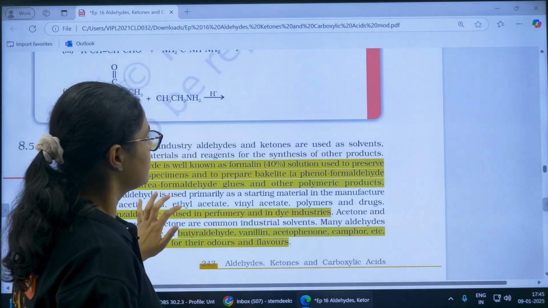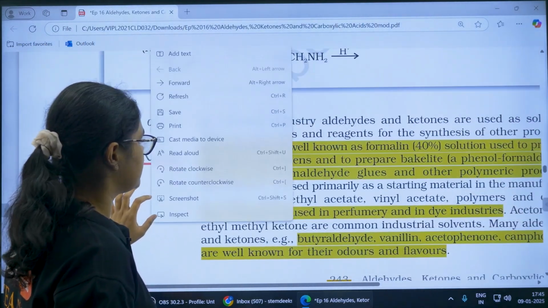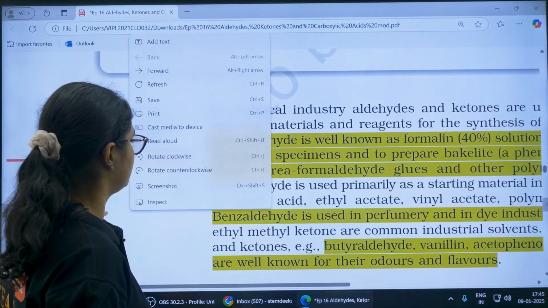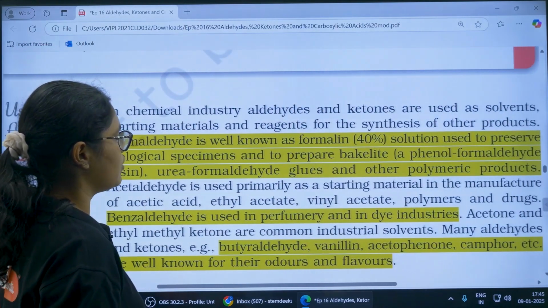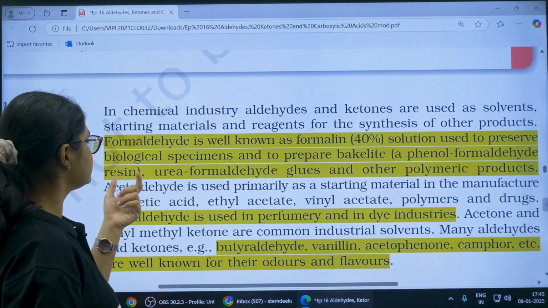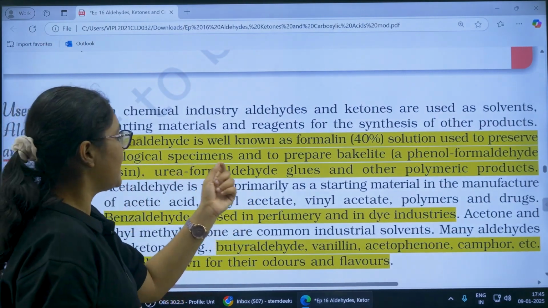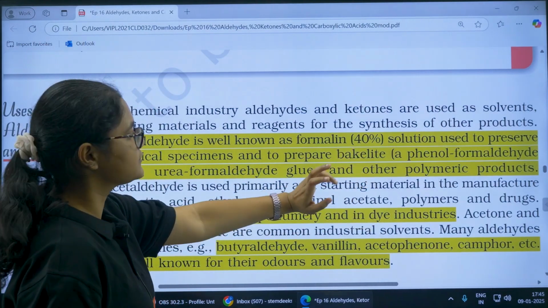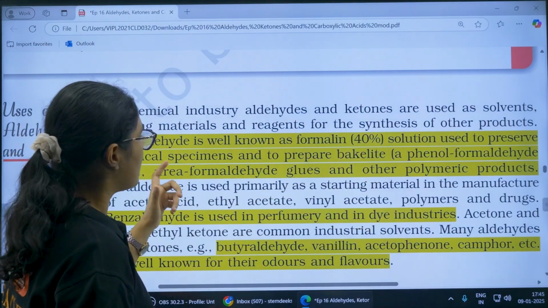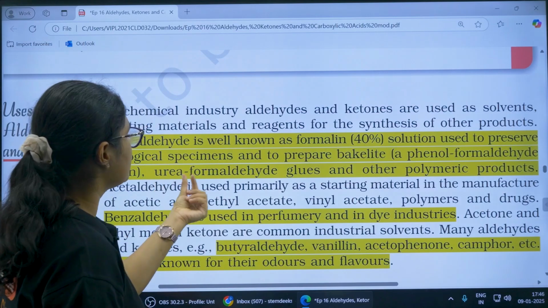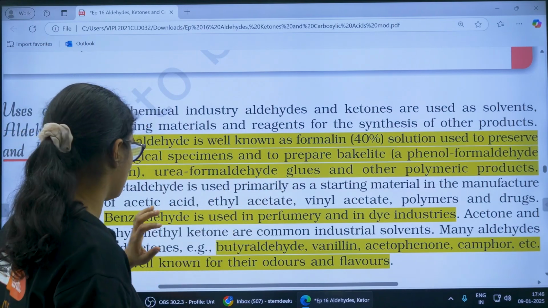Formaldehyde, also known as formalin, is used in biological specimens and to prepare bakelite. So this is important. Then it is used to prepare bakelite, urea-formaldehyde glues and other polymers.